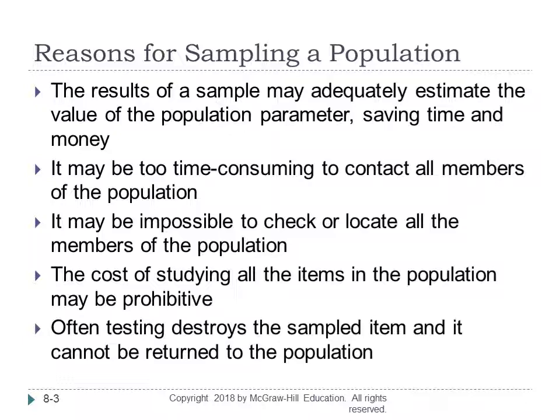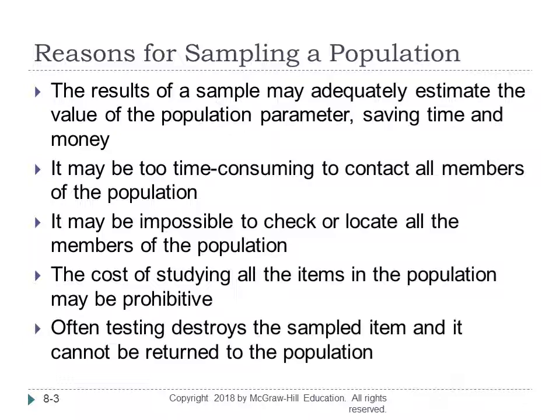We already discussed the reason why you might want to do this. It may be too time-consuming to contact all the members of the population. It might be impossible to check or locate all the members of the population. The cost of studying all items in the population may be just too much.